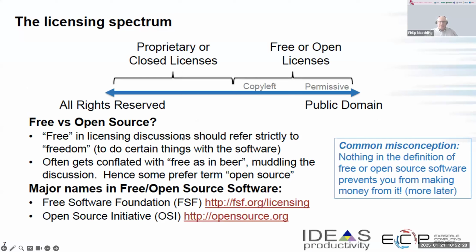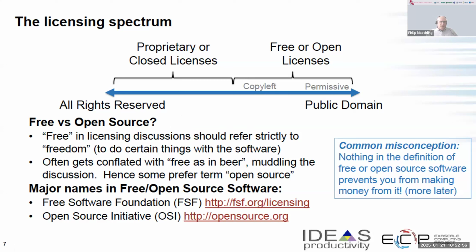Software licenses get into legalese, and many of us would prefer not to deal with legal issues like this, but at a minimum, it's worth recognizing the spectrum of licenses. If we start over here on this spectrum, all rights reserved, those are the private software. This is software maybe from Microsoft or Adobe or IBM.